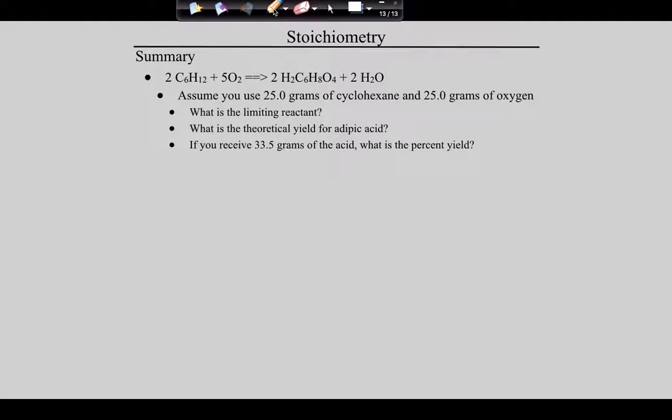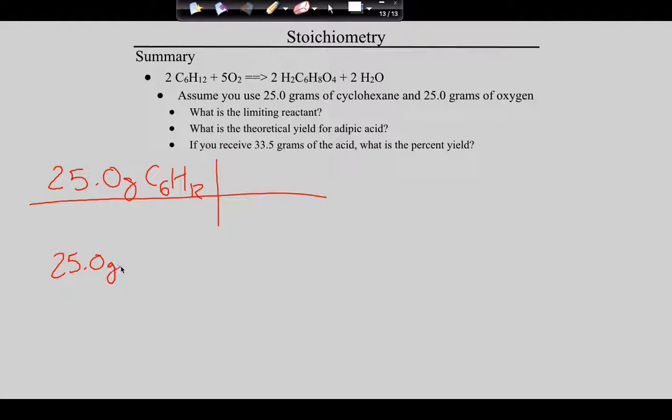So guys, let's try. We have 25 grams of C6H12. We have 25 grams of O2. What I'm doing is figuring out the limiting reactant.